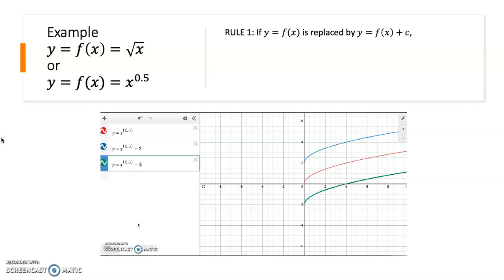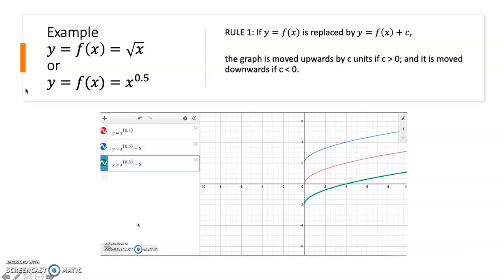We see here that the graph moved upward when added with +2 and moved downward when added with -2. As stated by Rule 1, if f(x) is replaced by f(x) + c, the graph is moved upward by c units if c is greater than 0, and it is moved downward if c is smaller than 0.